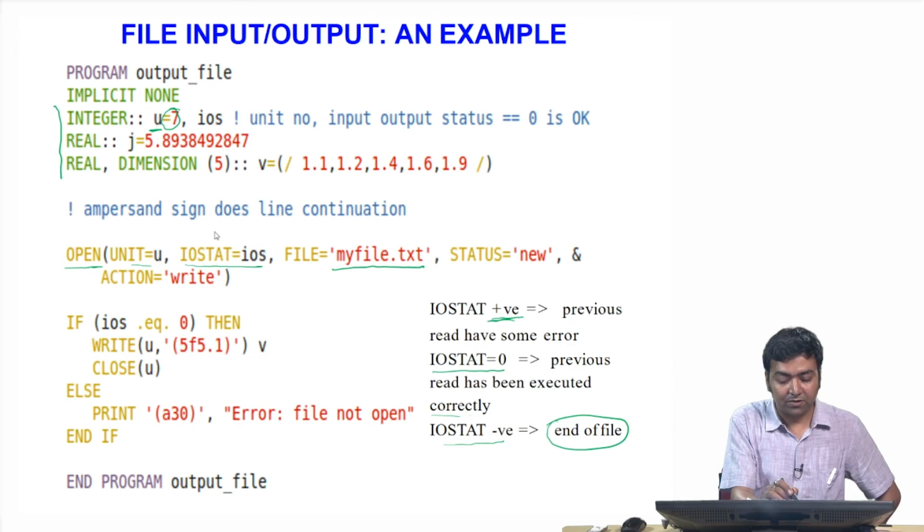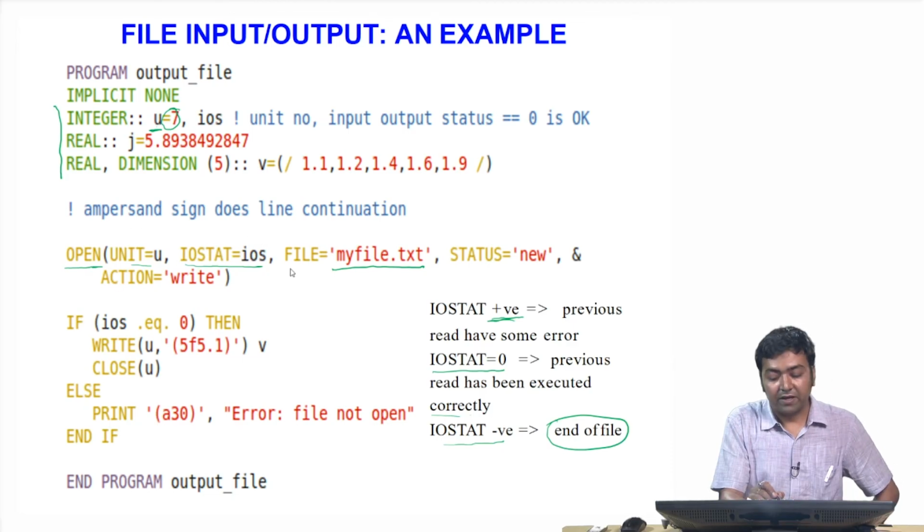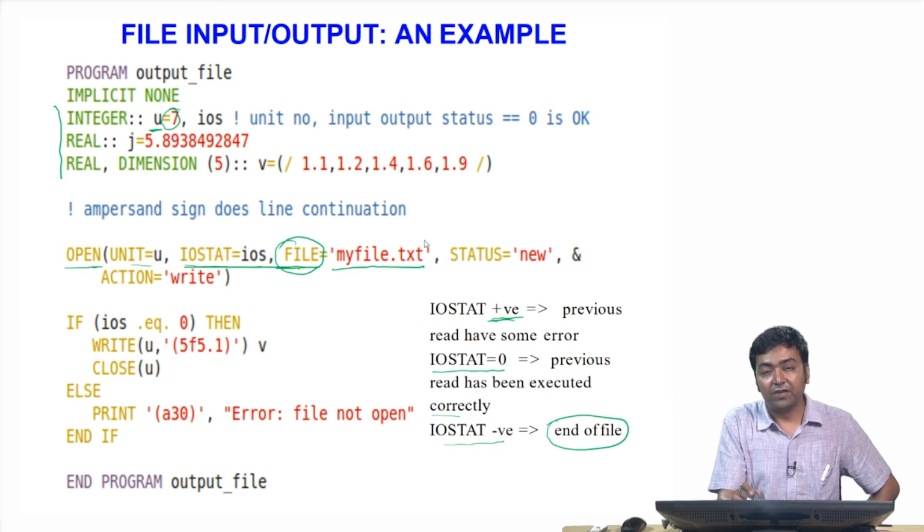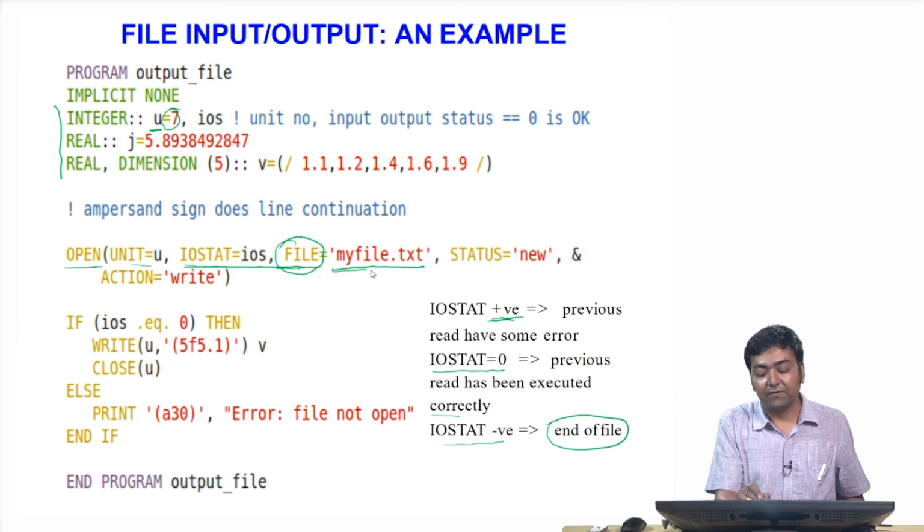This is not so important, but then we need to specify the file name. This is done with the file attribute here, file equals, and then within single inverted commas I give a file name. Then I need to mention the status of the file. Is this an old one which is already there, or is this a new one?